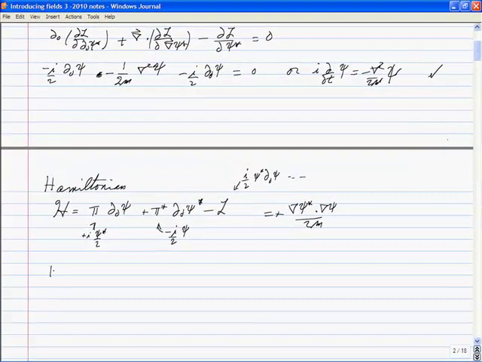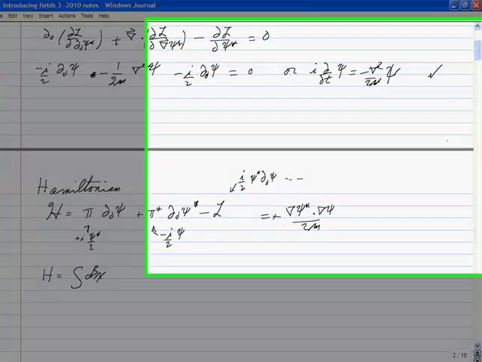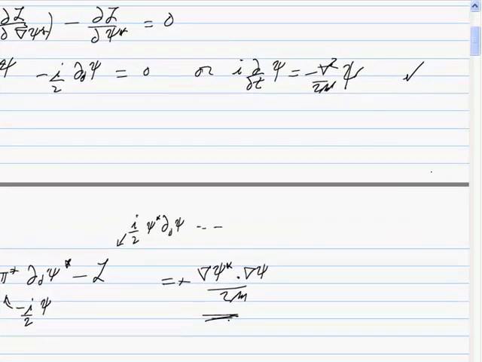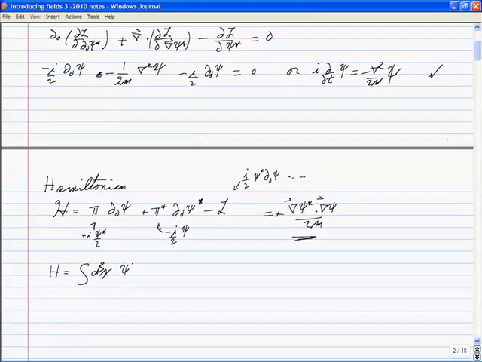And then the Hamiltonian itself, the total Hamiltonian, is the integral d3x. Well, let me save myself one line. I've got this under the integration sign. I'm going to integrate it by parts and write it in the form that you'd be more familiar with, psi star times minus del squared over 2m psi.